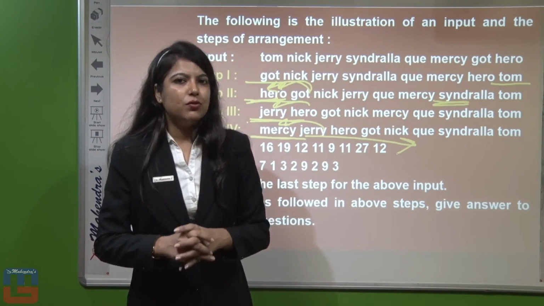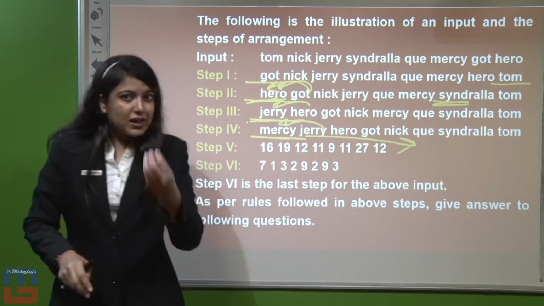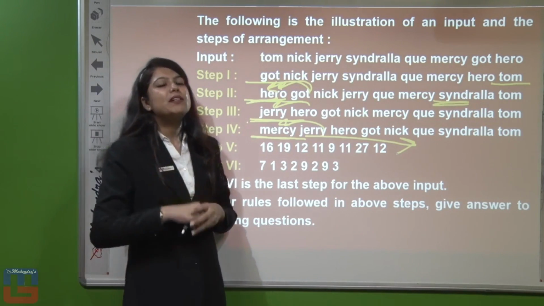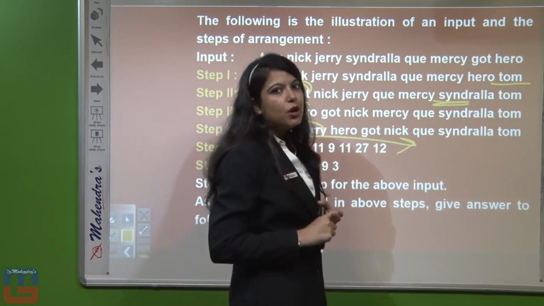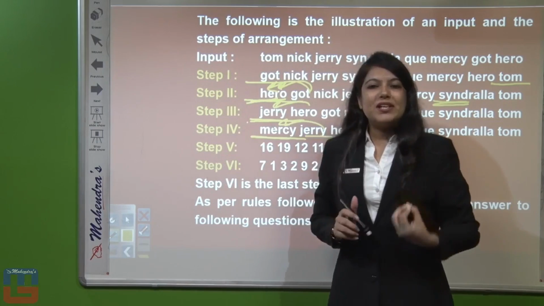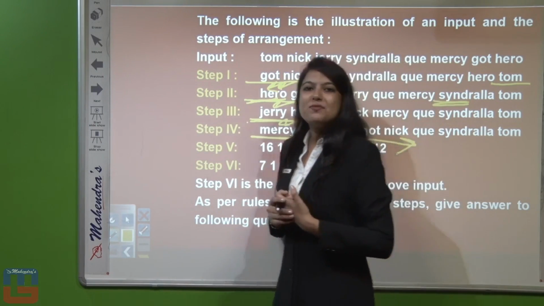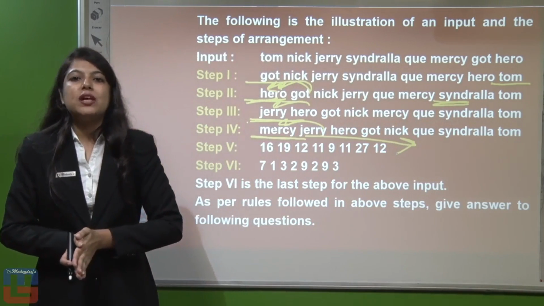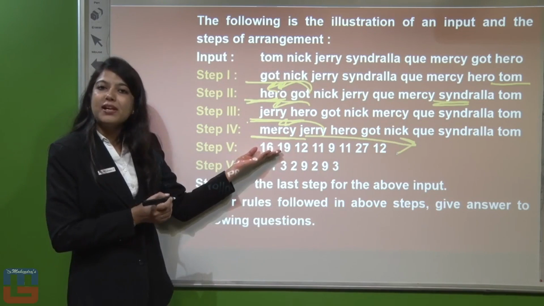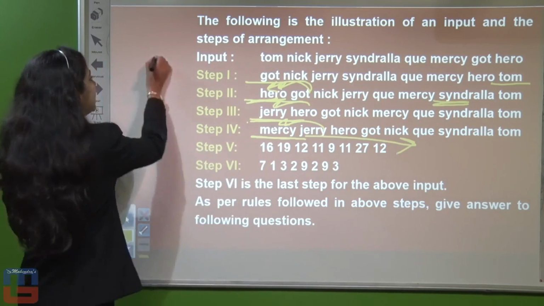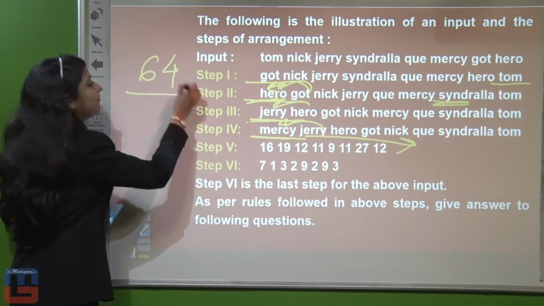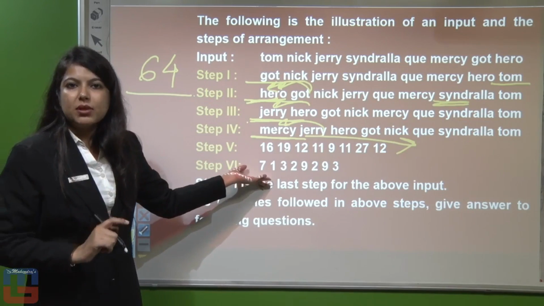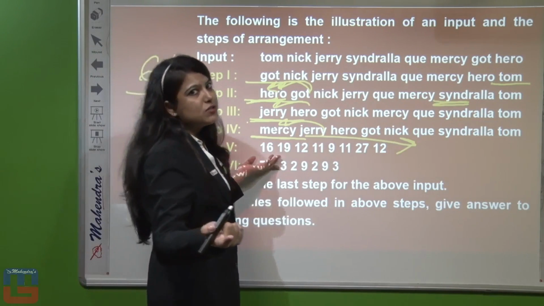Then what is happening here? We just have to focus: if words are getting converted to numbers, it will be in 3 patterns. First, the letter's own place value; secondly, the opposite's place value; and if neither, then the addition of all the place values. If we add all the place values of Mercy, we get the number 64. But here it is 16. Then what is the concept? 64 can be converted to 16.